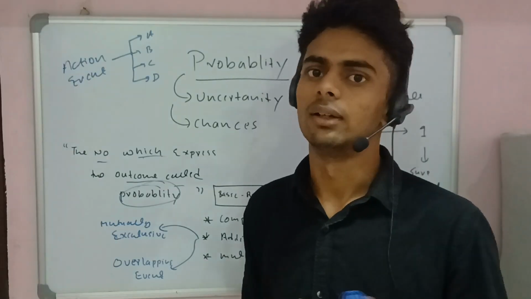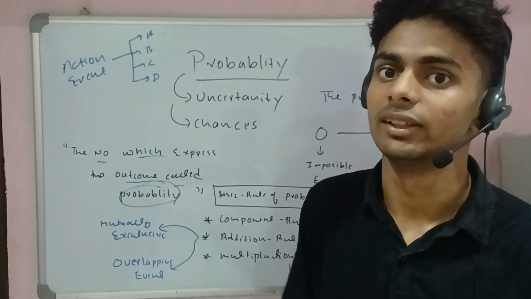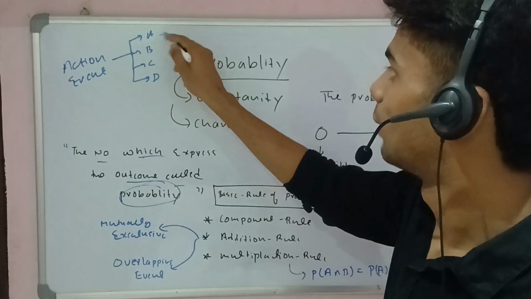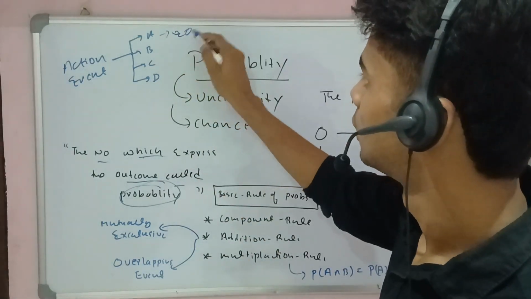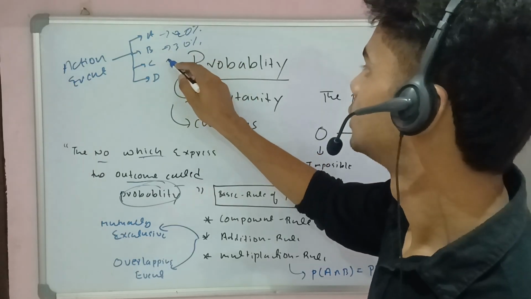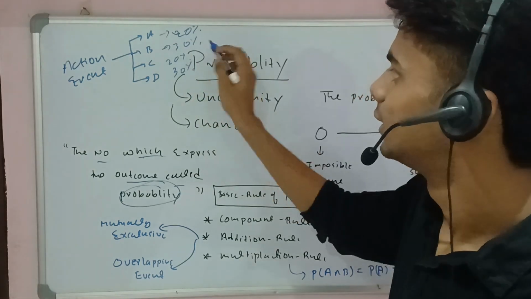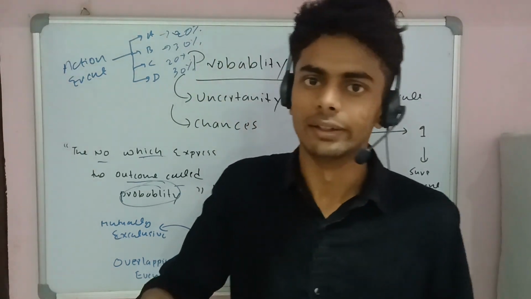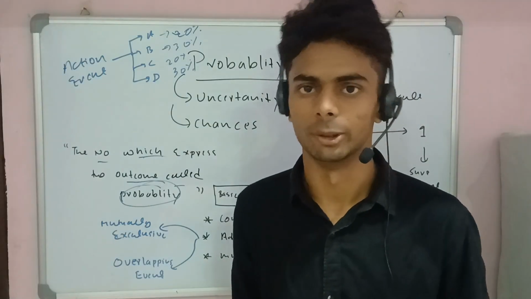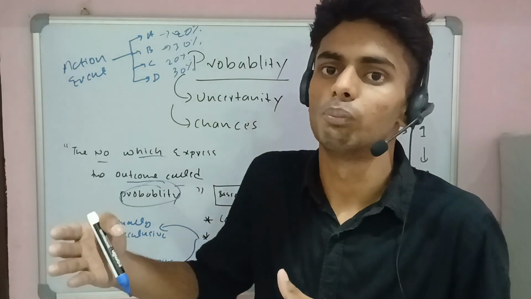The number defines the chances of A and B. Let's suppose A has 20% chances, this one 30%, this one 20%, and this one 30%. That's the number which represents how the particular outcome will be. That's the basic way, and that's called probability.